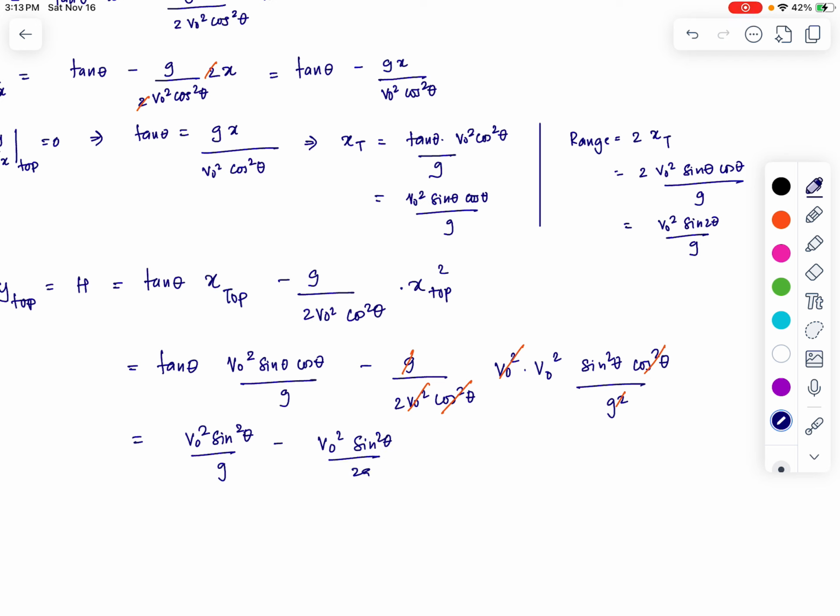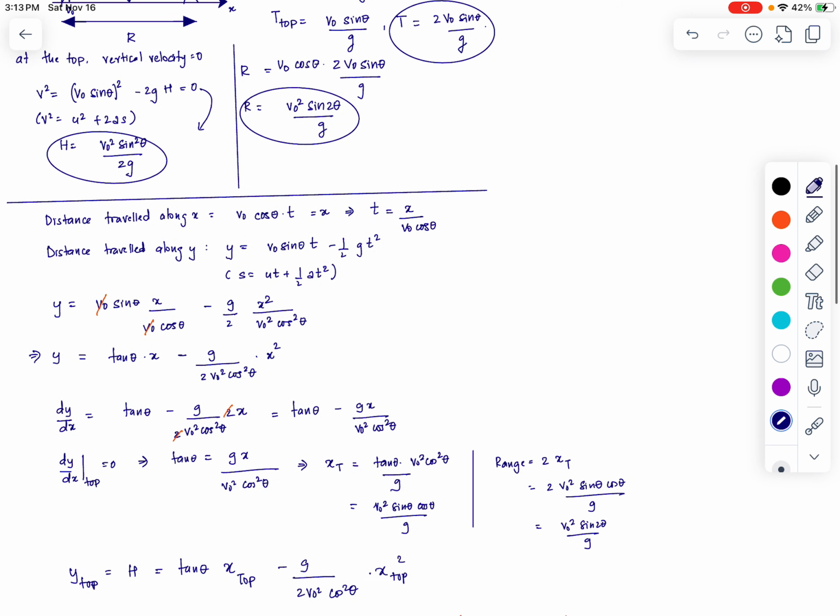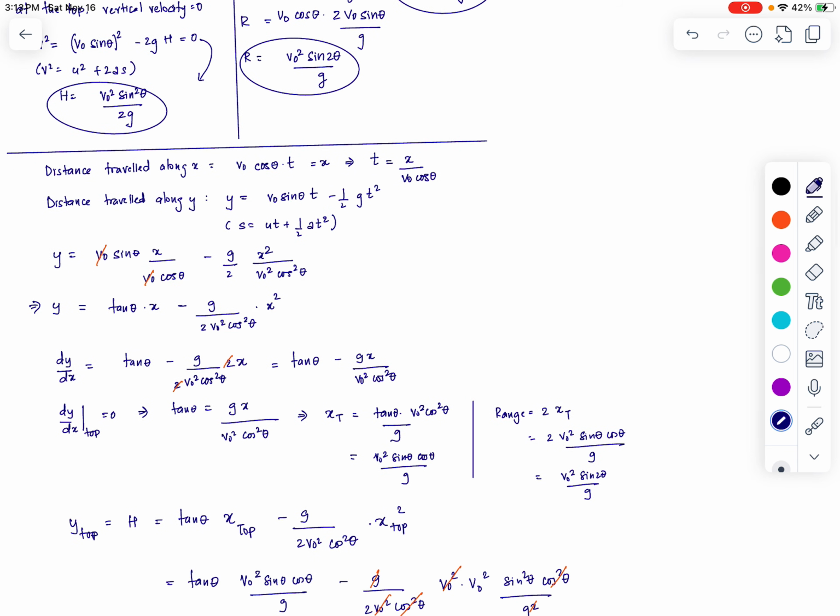So we get v0 square sine square theta divided by 2g. That's the height, and if you recall correctly, that's what we got earlier. So we get the same value of height from the calculus.